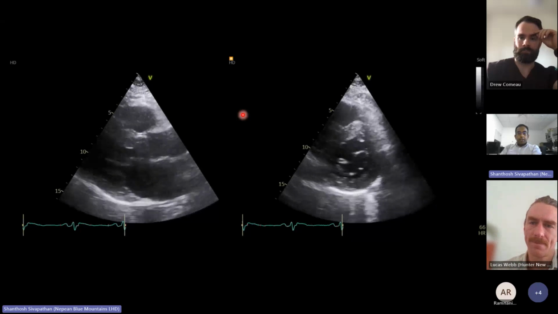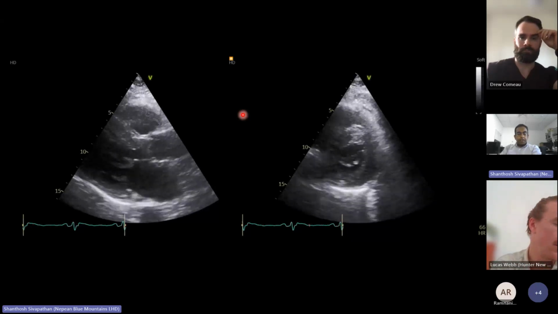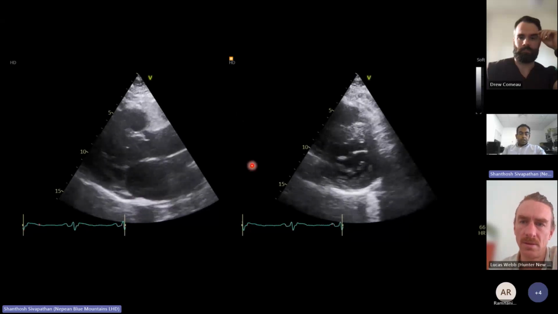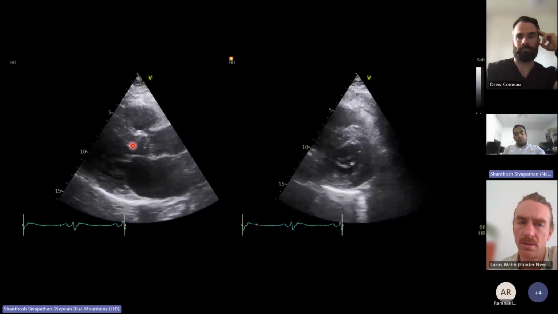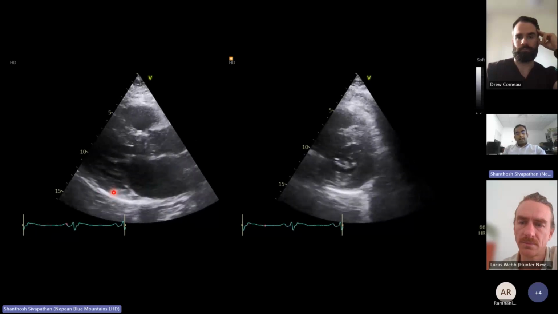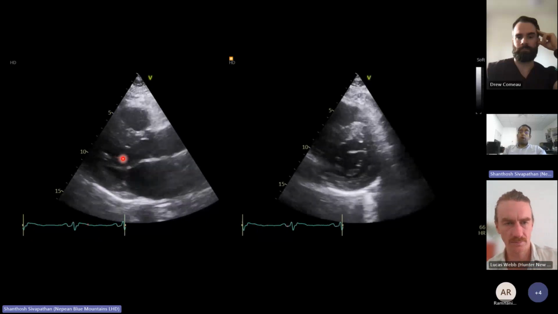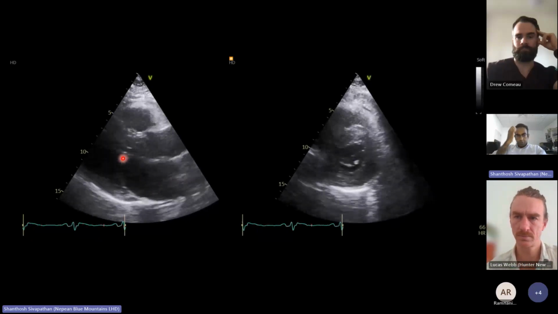Yeah, absolutely. For the guys who are sitting, Lucas, I agree with you. For the guys that are sitting for the DDU exams, I would systematically start off and say, look, this is a parasternal long axis view of this patient. Looking at the overall LV function, it seems to be contracting well, although I would like to have a look at this in different views.